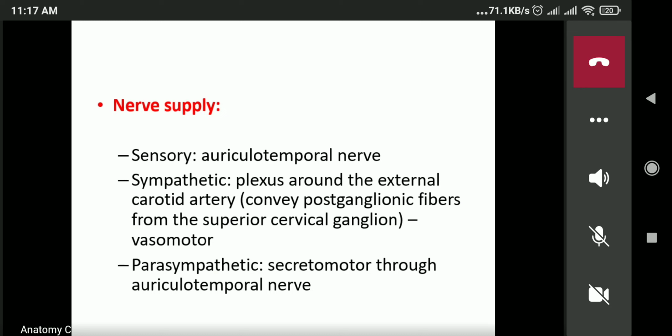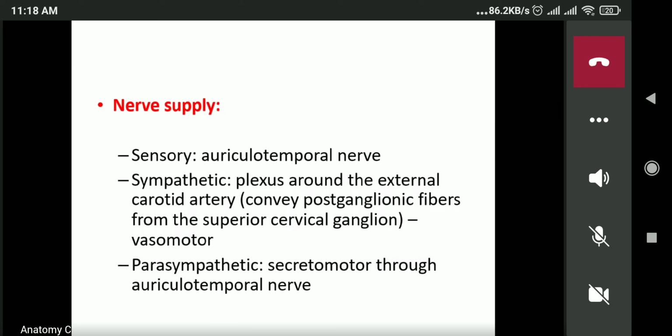So it is vasomotor to the parotid gland, and parasympathetic is the secretomotor through the auriculotemporal nerve. Secretomotor means it helps to secrete the parotid secretion, that is the serous secretion, and it helps to increase the secretion during mastication and chewing.